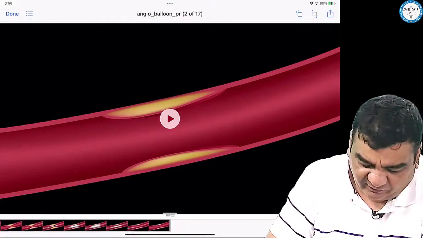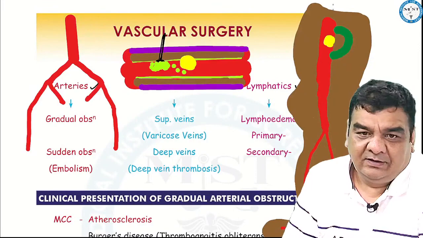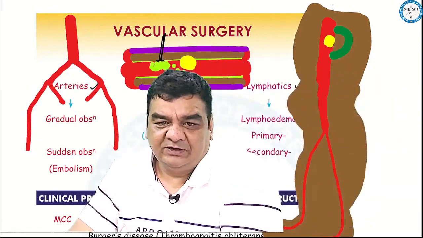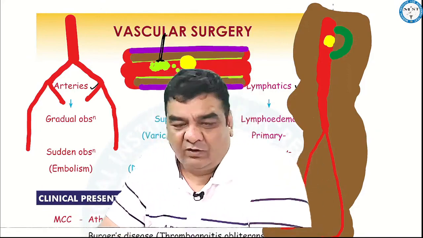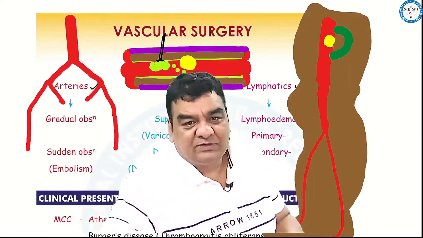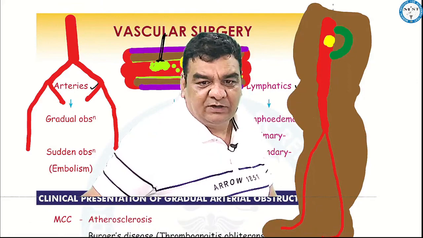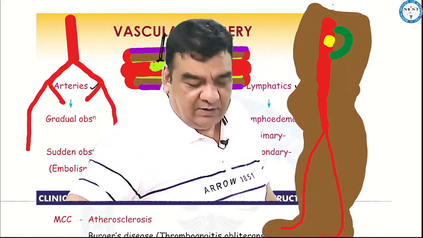Suppose the facility of angioplasty is not available and we have to treat this patient. In order to treat this patient, what we can do is some surgical intervention. We can try to treat this by some surgery.